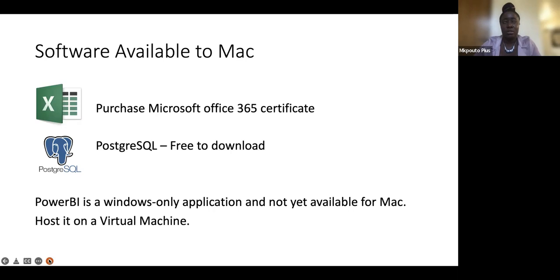So the solution to that is not to try and buy another laptop, a Windows laptop, because that's expensive, right? The solution is to download a virtual machine to your MacBook, and then the virtual machine allows you to run Windows 10 on your MacBook, right? So let's talk a bit about virtual machines.